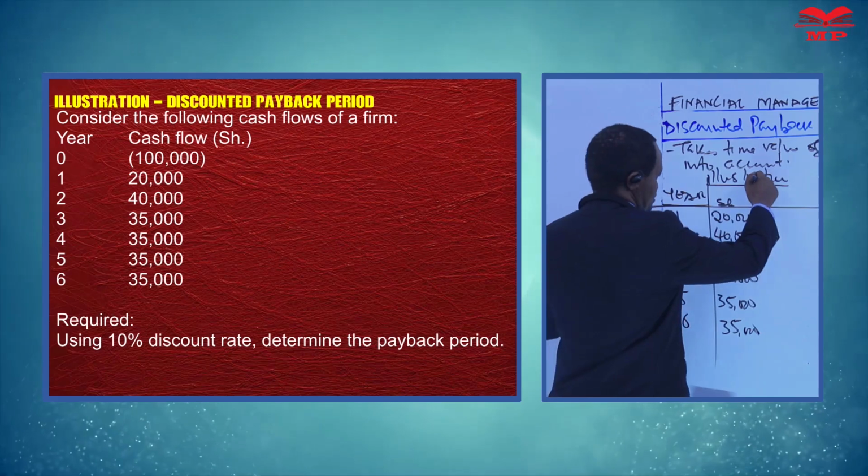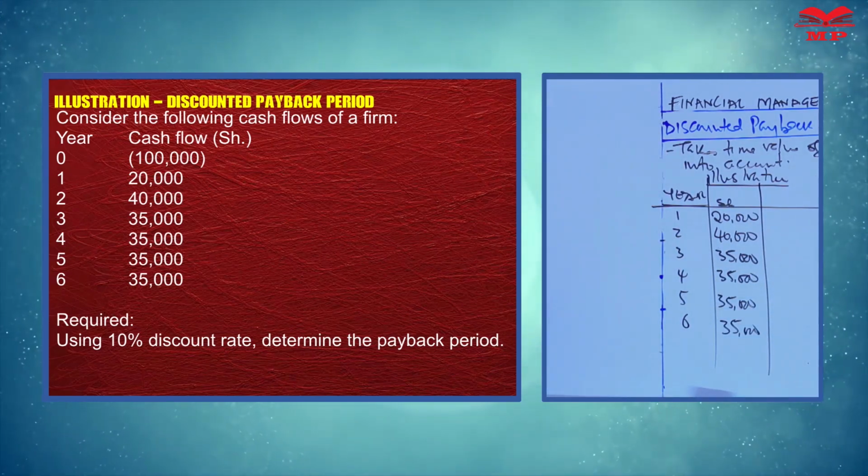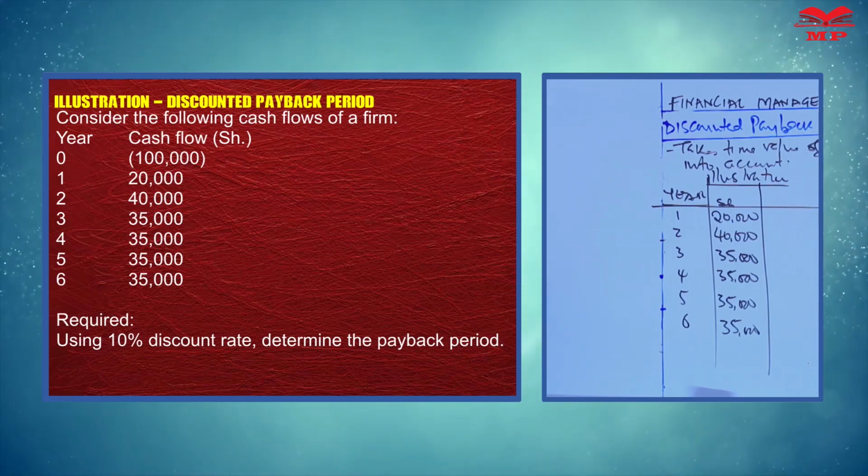These are the cash flows. 35, 35, 35. So we have the discounting rate. We are given the discounting rate.